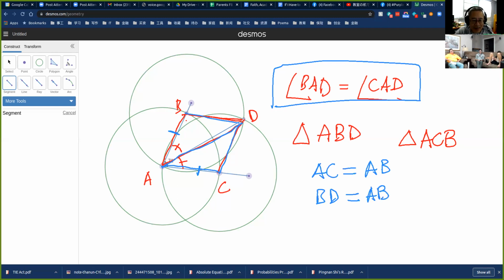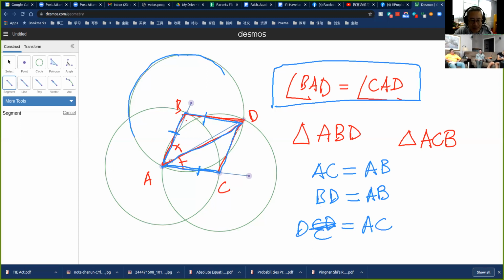This and that, because they are on the same circle, the top circle. And we also know DC is congruent to AC, right?